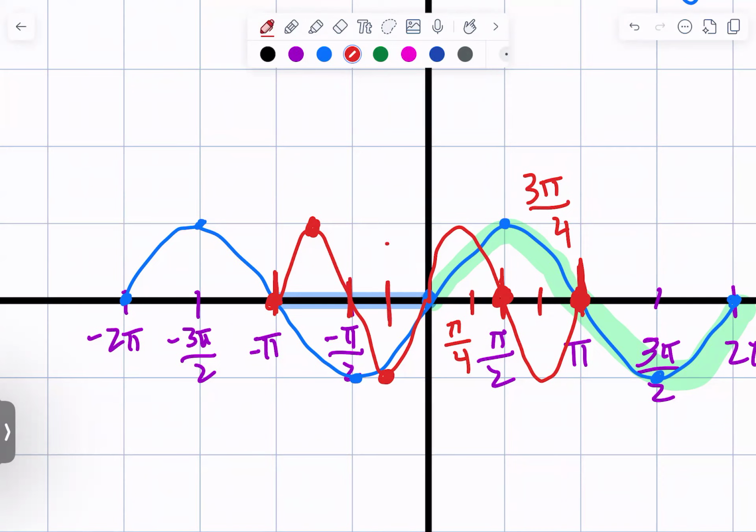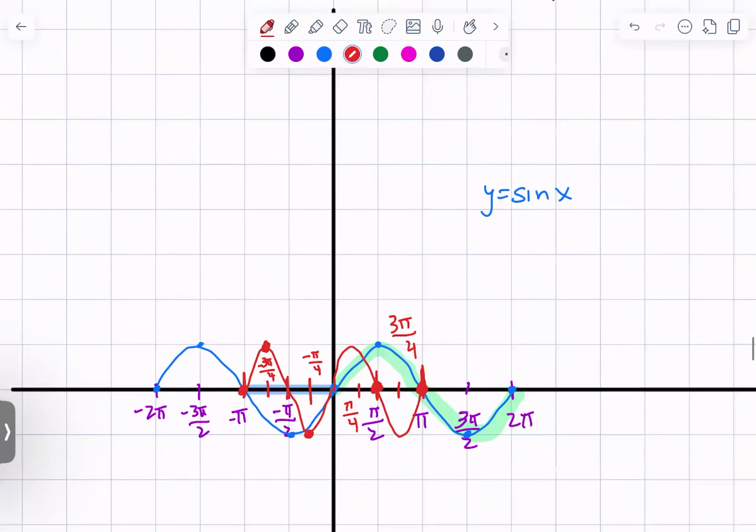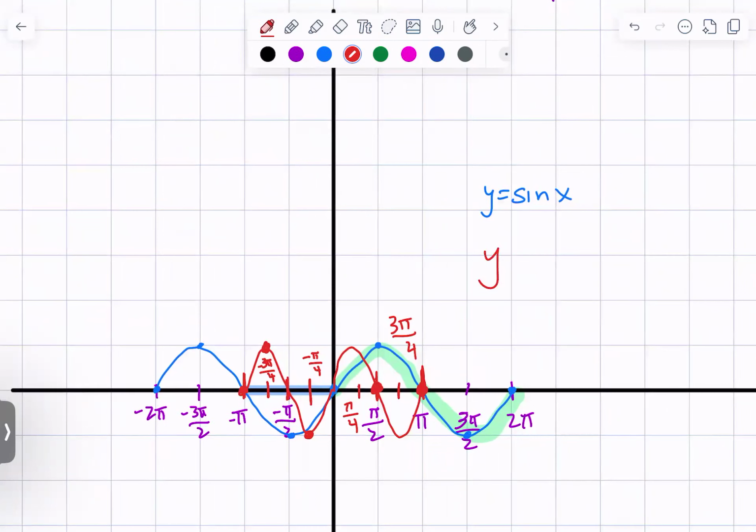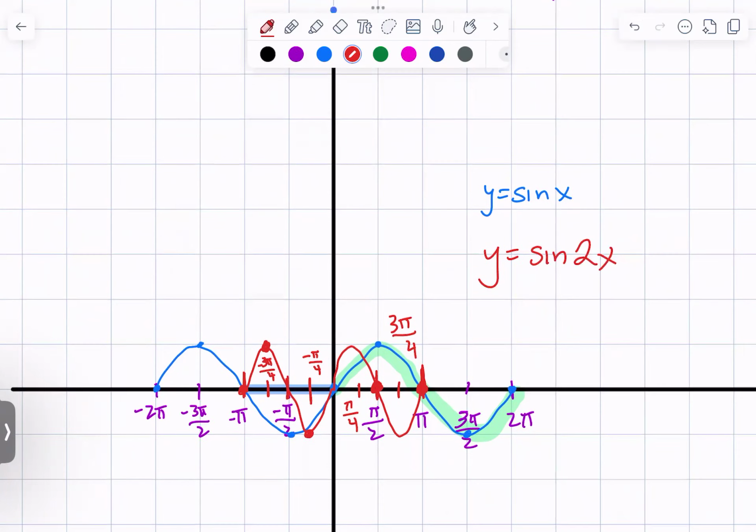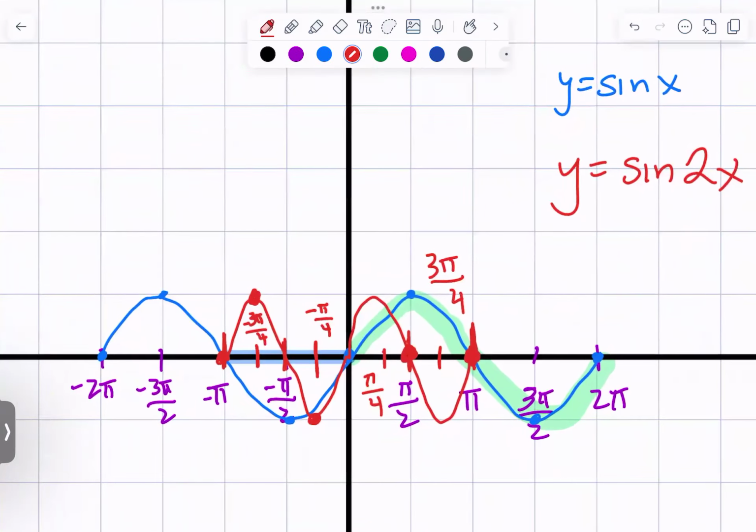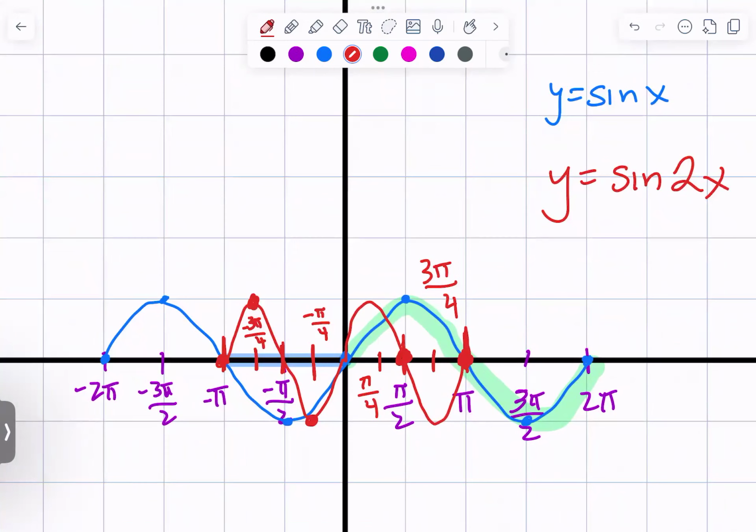Halfway of that would represent negative pi over 4. So pi over 4, negative pi over 4, negative 2 pi over 4, or pi over 2 here, would represent negative 3 pi over 4. Okay? All right? So you can see that when we are multiplying in red, it's y equals sine of 2x. When we're multiplying on the inside, it actually shrinks. Okay?